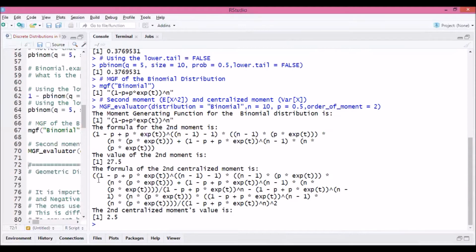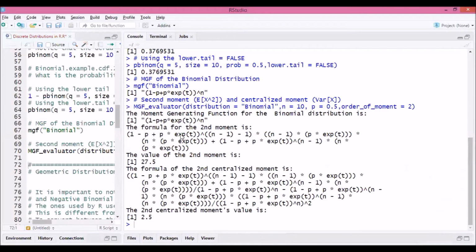The formula for the second centralized moment is all of this. And if you were to plug in t equals 0, you would find that this should simplify to n times p times 1 minus p, npq, if you remember from the introduction to the binomial distribution video. The second centralized moment's value is 2.5. That is the same as the variance, which is n times p times q.